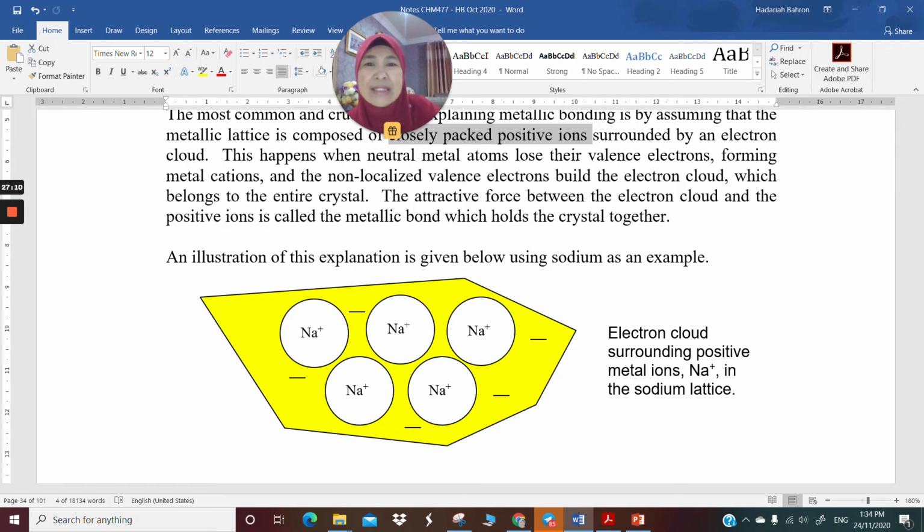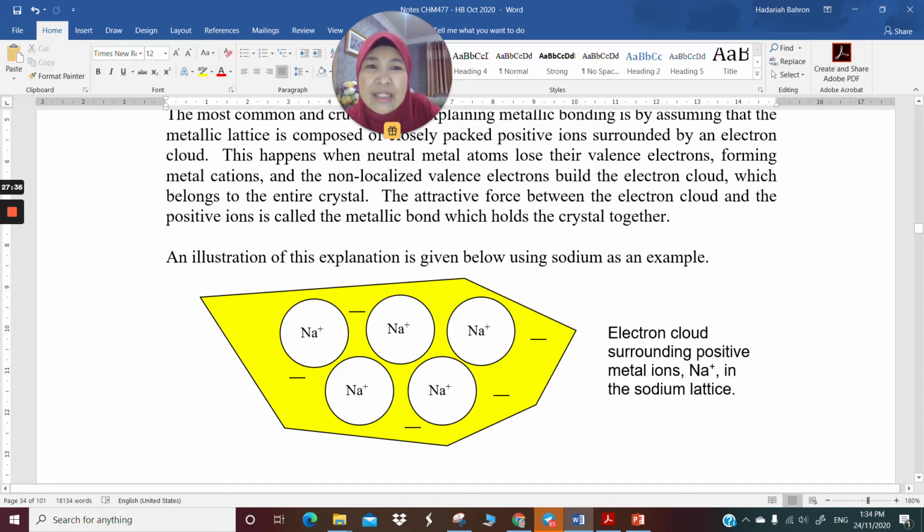If you look into your periodic table, you're going to see that sodium is the first element in the third series. So you have 1s2, 2s2, 2p6, and 3s1. So that is sodium. And your valence electrons for sodium is 1. So for each one sodium atom, you have one valence electron. So it is the valence electrons.